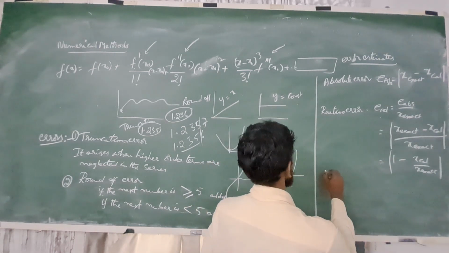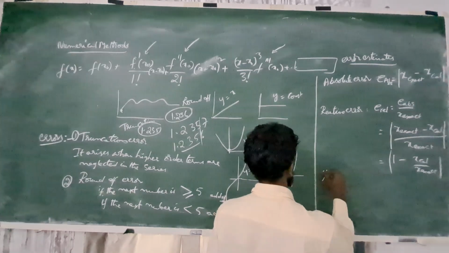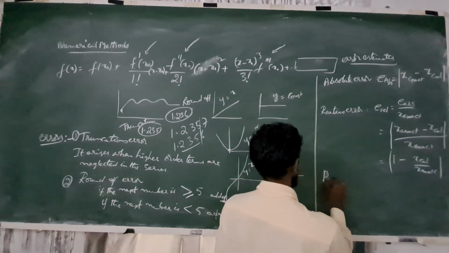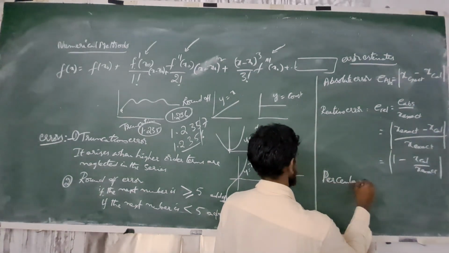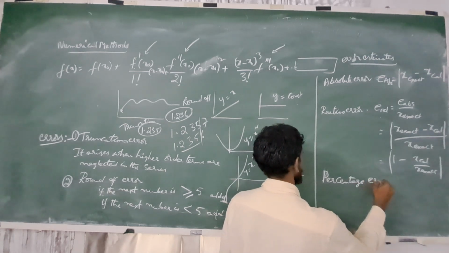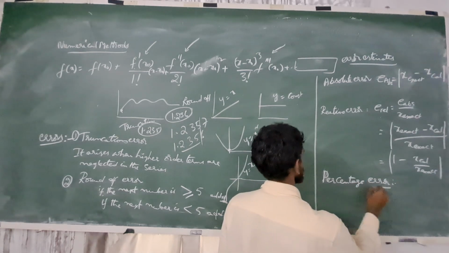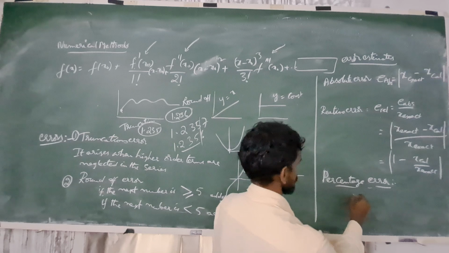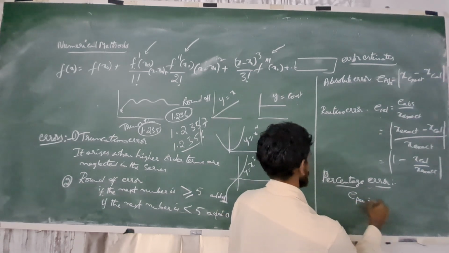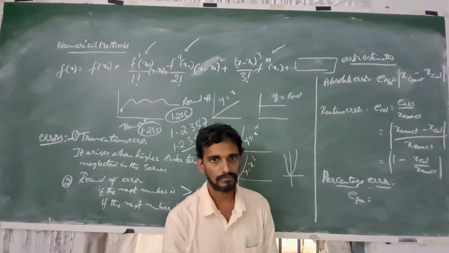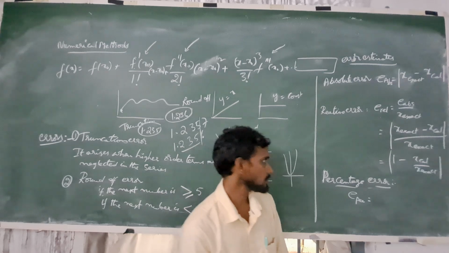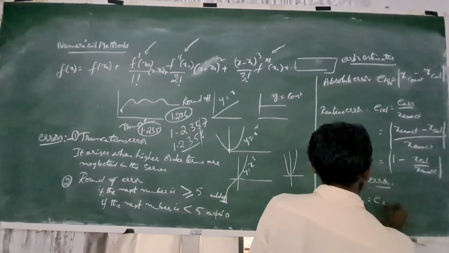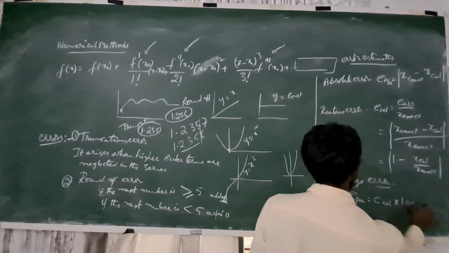So next one is percentage error. It is E relative multiplied by 100.